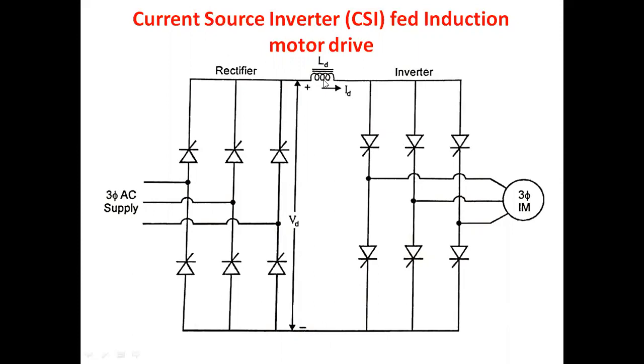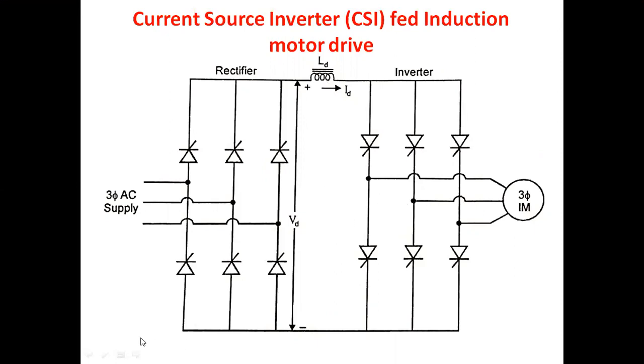At the input of the inverter, you just connect a bulky inductor in series, and automatically the available voltage is converted into constant current. Now the input of the inverter itself is a constant current, so automatically the output terminals also become current sources.